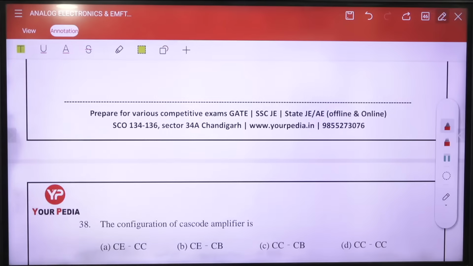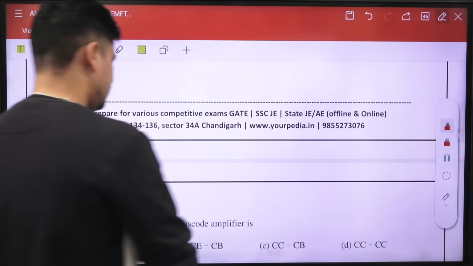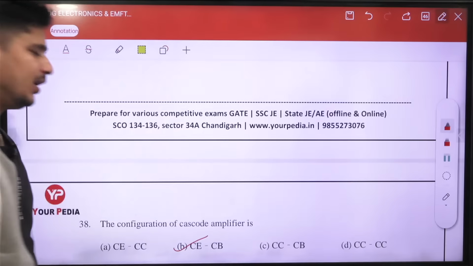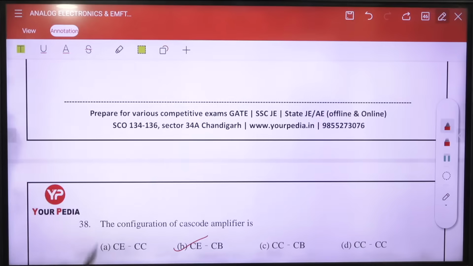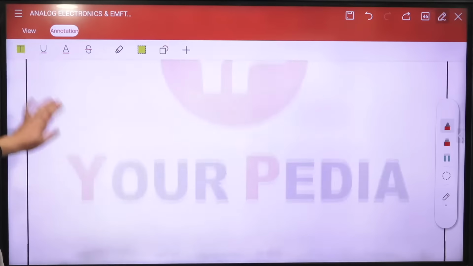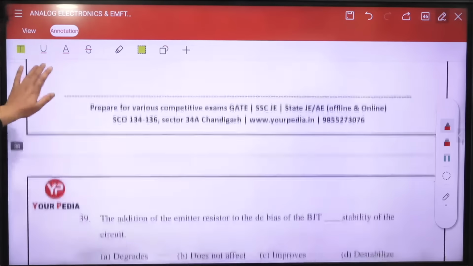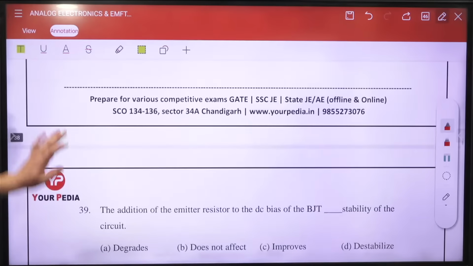That configuration is CE-CB configuration, common emitter. After the common emitter, we have the common base configuration. No, no, not any configuration. In that one, you can only use the common emitter and common base.